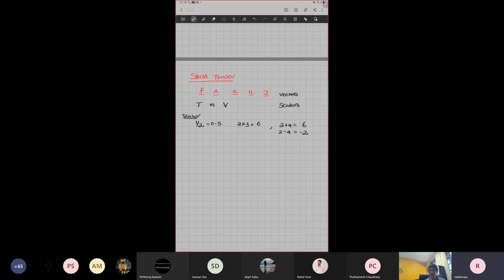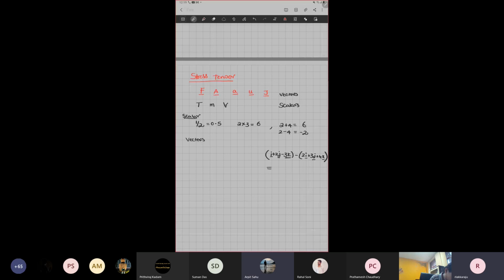Now let me extend this similar kind of thing to vectors. Can you tell me i plus 2j minus 3k, minus 2i plus 3j plus 4k?